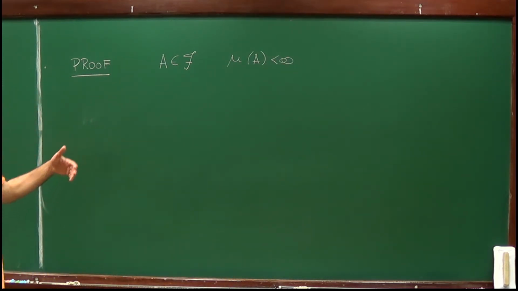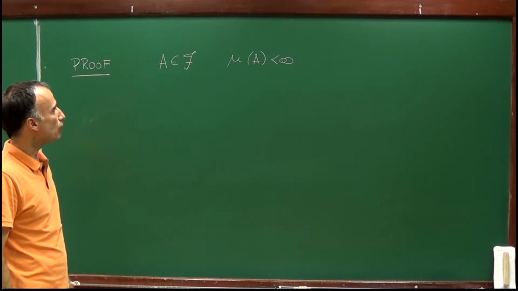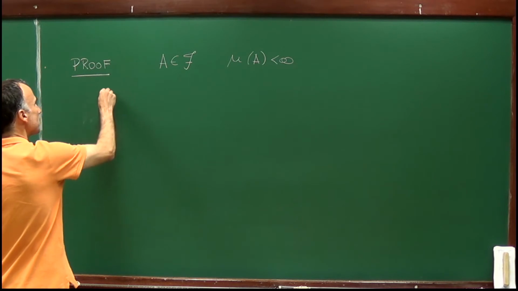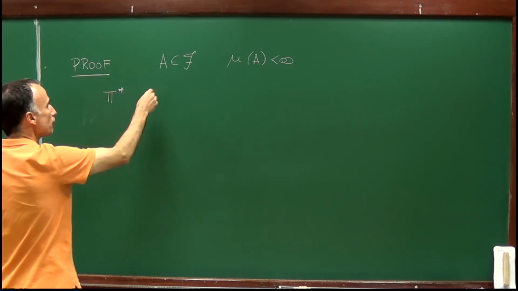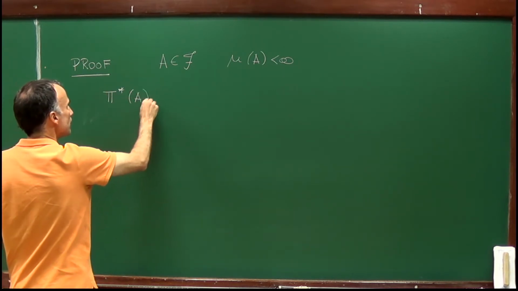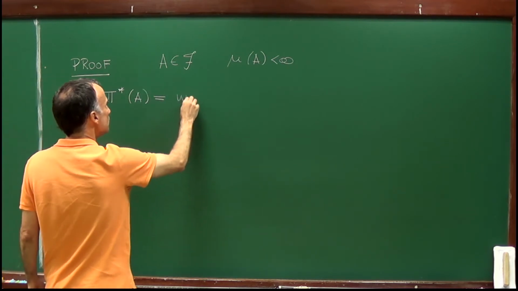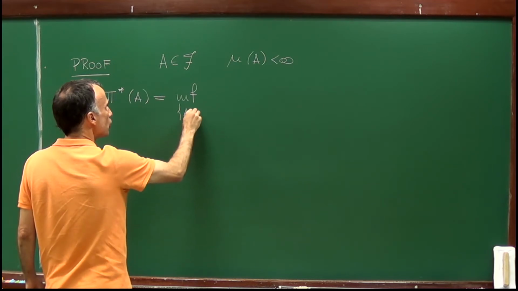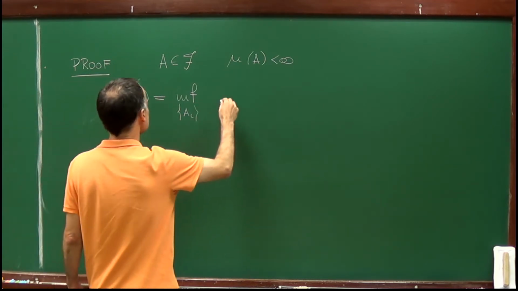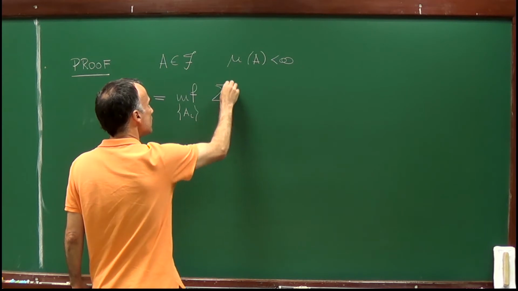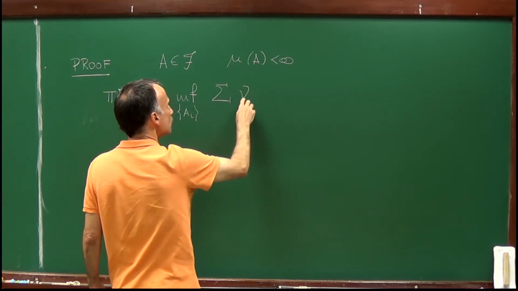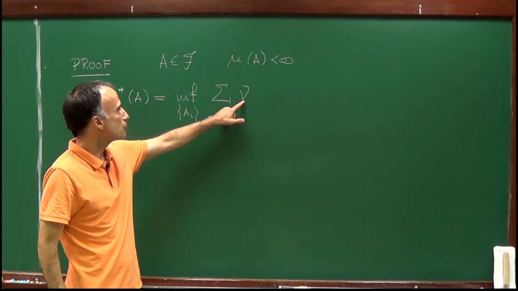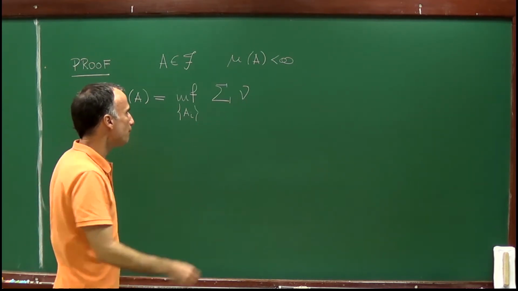So we have seen in the extension of Carathéodory's theorem that the outer measure of A, P star of A, is given by the infimum over all covers by elements of the algebra. Let me call by nu in this lecture the measure which is defined on the algebra.